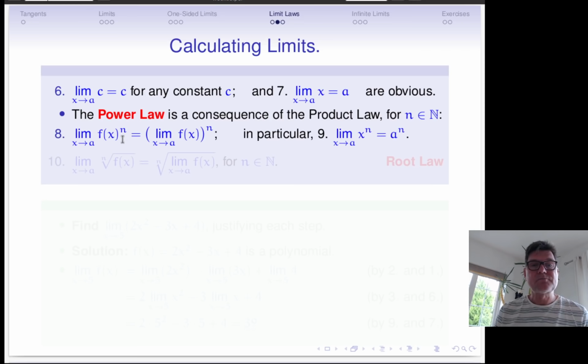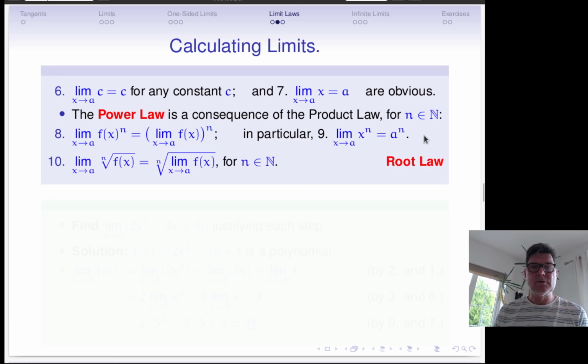So my suitable version of the product law, the limit as x approaches a of the nth power of f of x is the nth power of the limit as x approaches a of f of x. In particular, if f of x is just x as before, the limit as x approaches a of x to the n is a to the n.